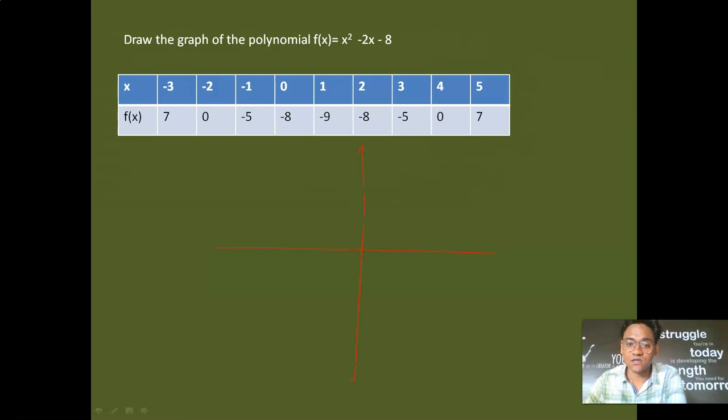Now what you have to do is plot these points, and this work I'm leaving on your side. You have the table, it's your work. Plot these points -3, 7, -2, 0, -1, -5 on the Cartesian plane.